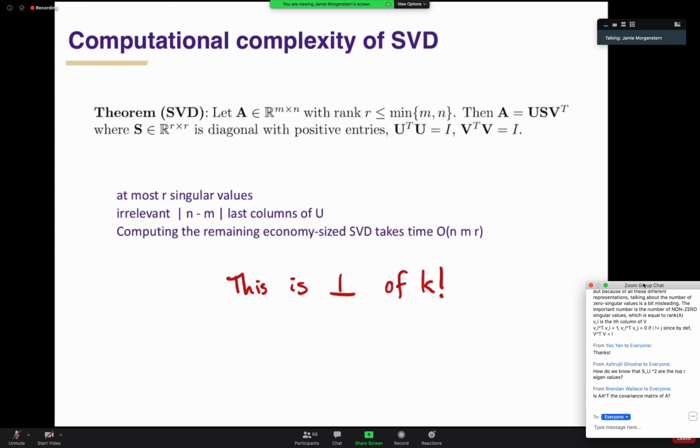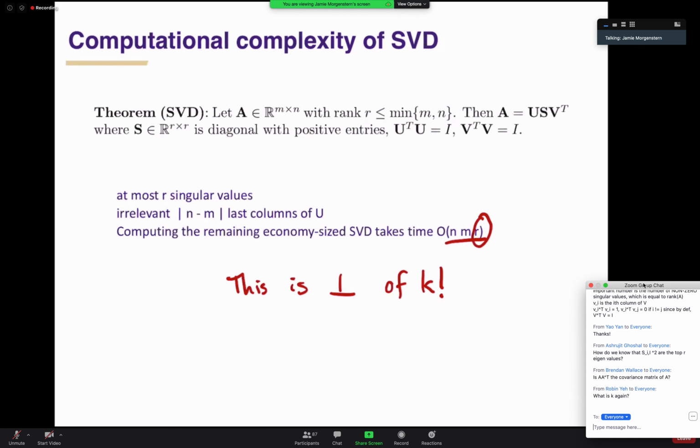In any number of different languages that have basic linear algebra, you can ask for the SVD, and you get it once. But this might be much higher than you want. If your matrix is high dimensional, R might be pretty big, and you might not want to do this computation this way for exactly that reason.